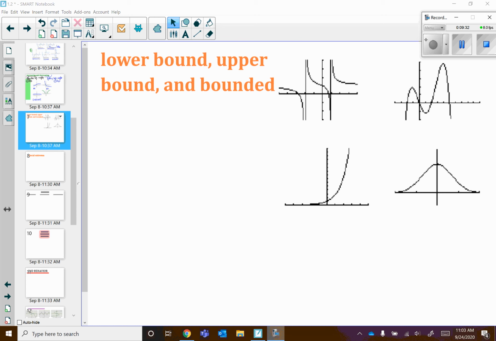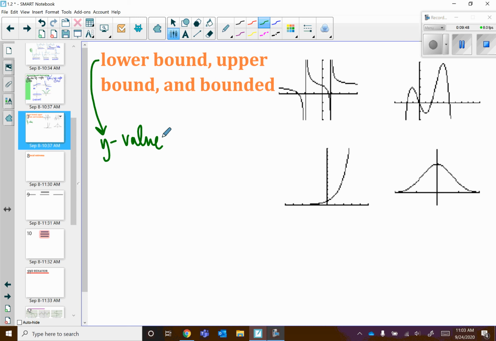The next idea is boundedness, what it means to have a lower bound or an upper bound. It hopefully isn't super shocking, but if a function has a lower bound, that means it has some y value for which the entire function lies above.